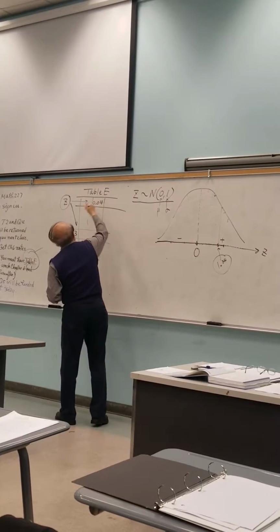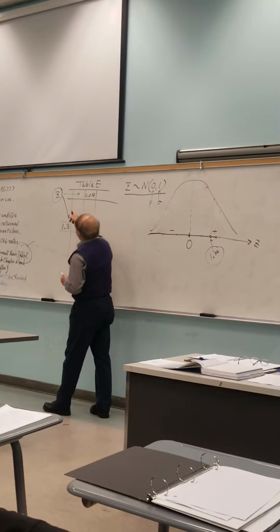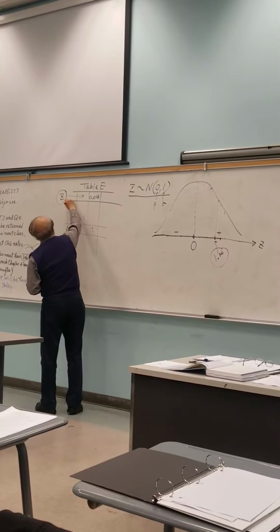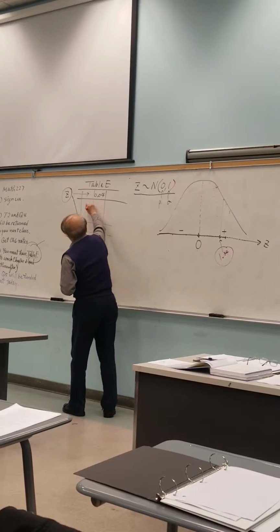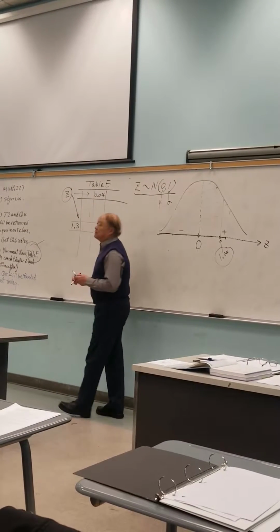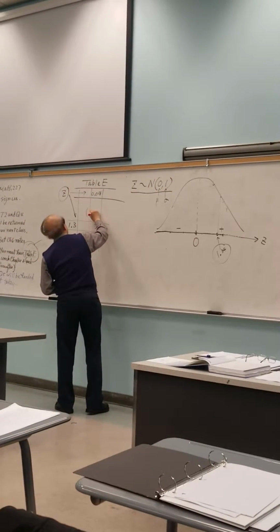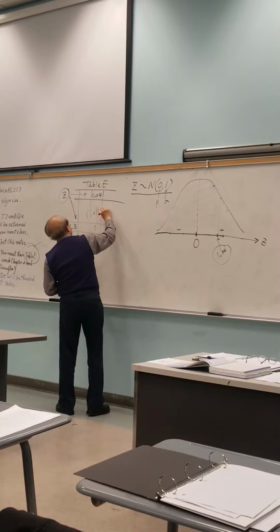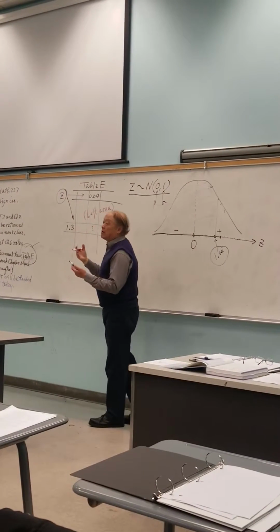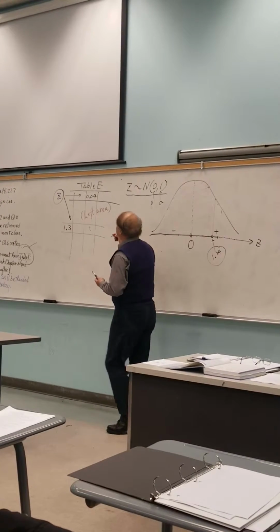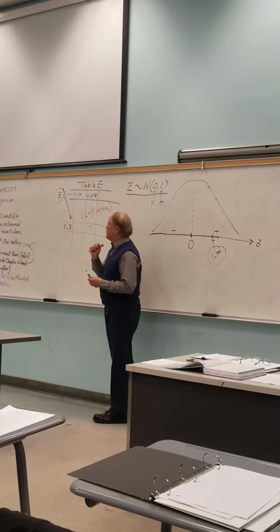Please understand table E. It contains 2 kinds of numbers. One kind is Z-scores. Where do you find them? Left column, top row. The second kind are all the numbers in the body of the table. They are the left-hand side area. Only left area. If you want to know the right area, how do you do that? We will say that later. Remember, the table itself only gives you left area.